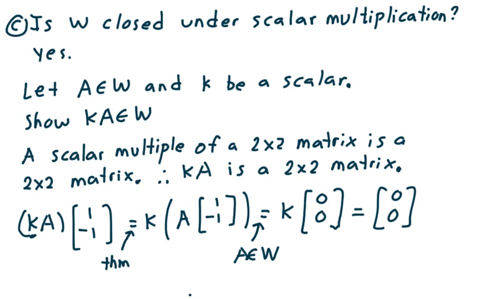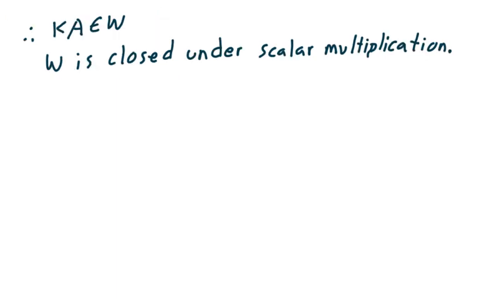And remember, A times the column vector 1, negative 1 is the column vector 0, 0, since A belongs to W. So we can write this as K times the column vector 0, 0. But this is equal to the column vector 0, 0. And so we can say that KA belongs to W, and we can thus conclude W is closed under scalar multiplication.